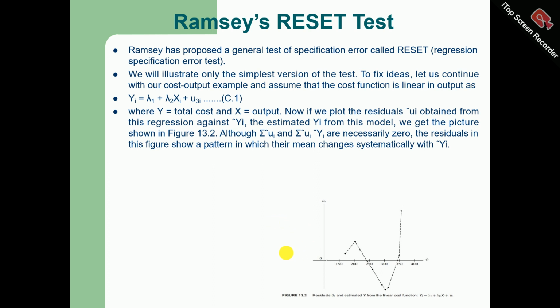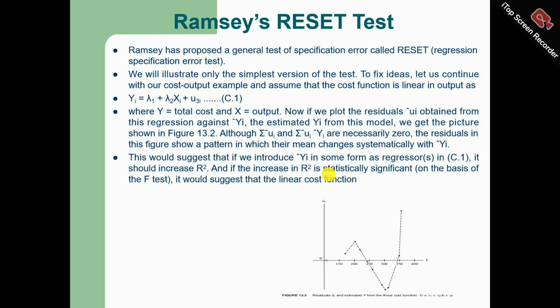Although the sum of u_i hat and the sum of u_i hat times y_i hat are necessarily zero, the residuals in this figure show a pattern in which their mean changes systematically with y_i hat. So this basically indicates a misspecification error.